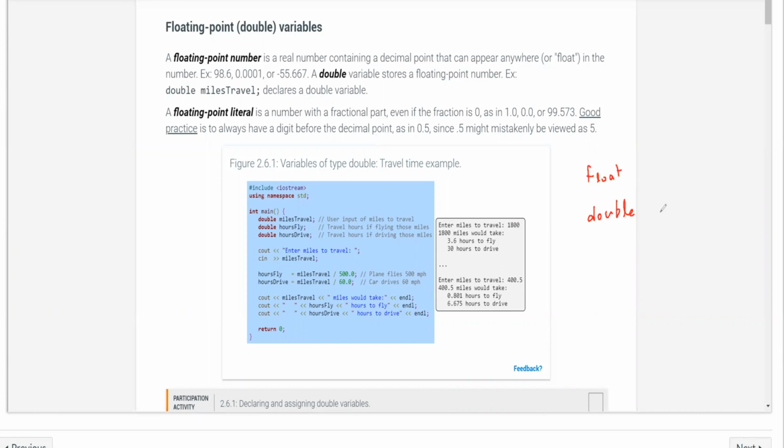If you want to have more numbers after the dot, like a bigger value here, that dealing with the numbers after the dot a lot, then you're using a double. If you have just smaller values like this, then you can use float.